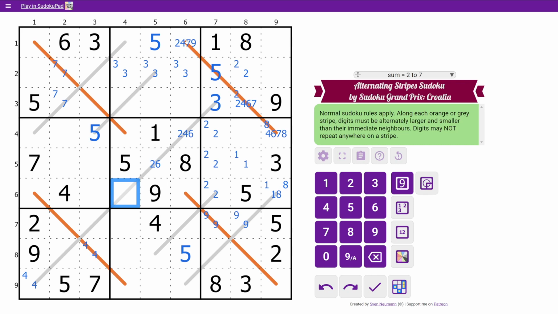So if this was a 2, it couldn't go down. It could only go up, but it could be a 3, 6, or 7. If it was a 6, then it has to go down, and it can only be a 2 or a 3. It can't be a 3 because it's already been on the line.